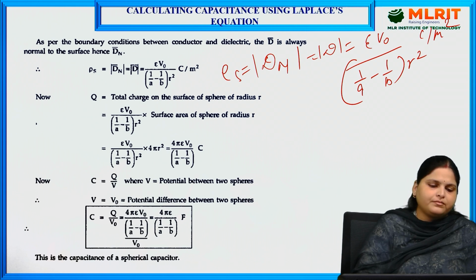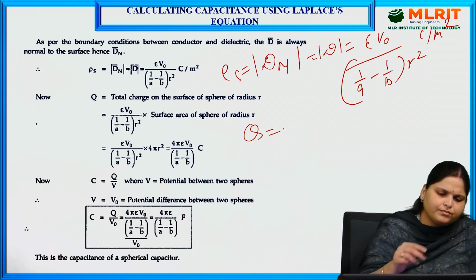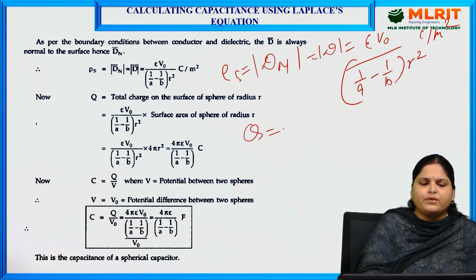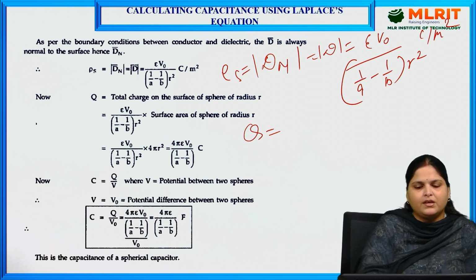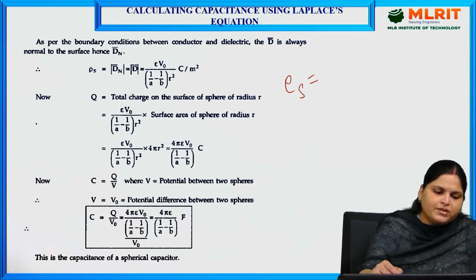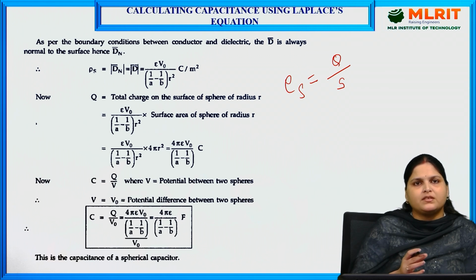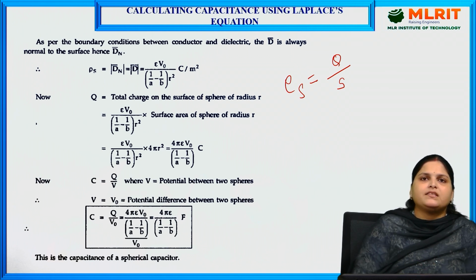Now from here we can find out Q. Q is equal to rho s into the surface area of a sphere of radius R. Basically we are using the formula rho s is equal to Q by S, where Q is the total charge, rho s is the surface charge density, and S is the surface area.